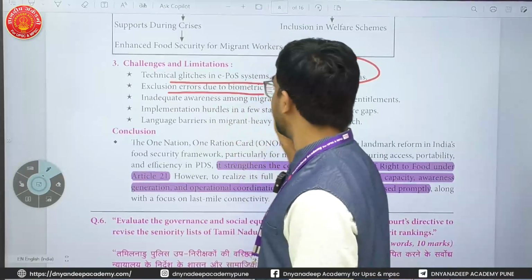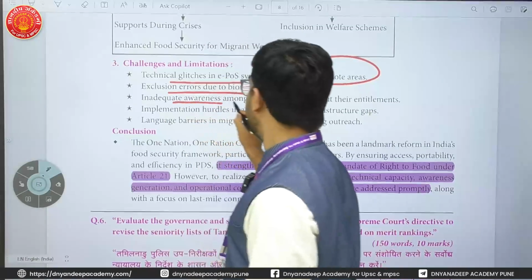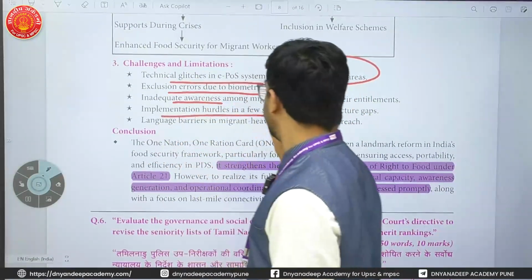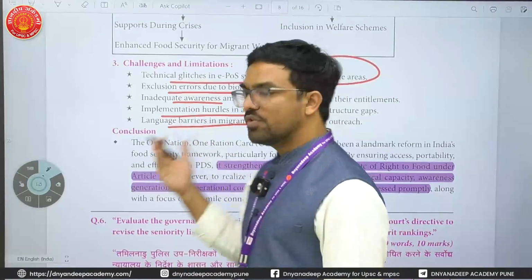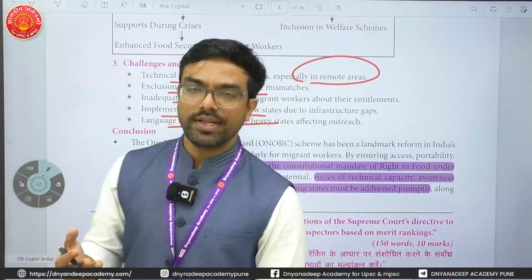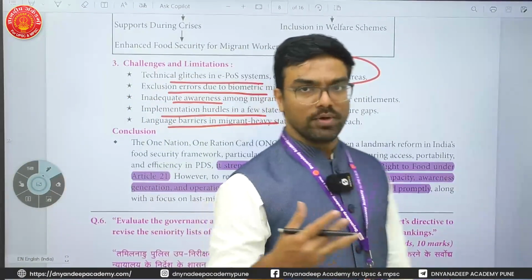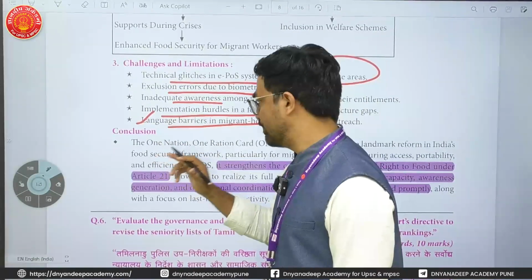There are also exclusion errors due to biometric mismatches. Inadequate awareness among migrant workers, right? Implementation hurdles in a few states due to infrastructure gaps and language barriers. As you have seen, nowadays language is playing a very important role in the lives of migrants. So there are issues of language barriers also.